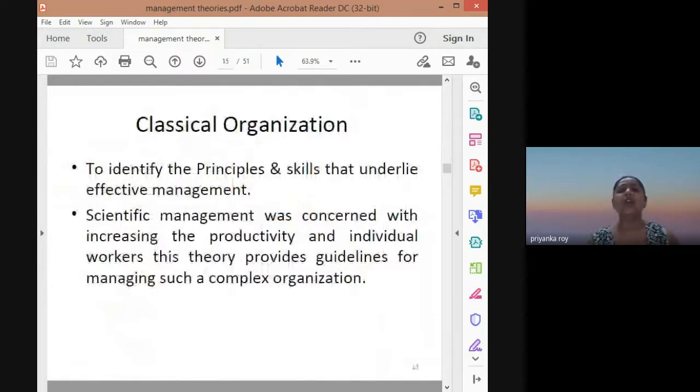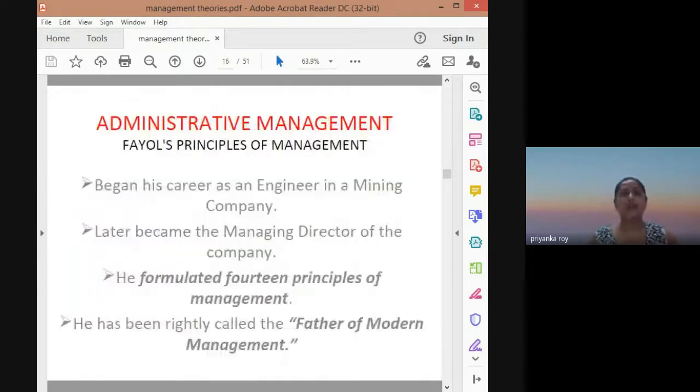Okay, so classical organization theory aims to identify the principles and skills that underlie effective management. Scientific management was concerned with increasing the productivity of the individual worker, and this theory provides guidelines for managing complex organizations. The administrative management theory is Fayol's principles of management.